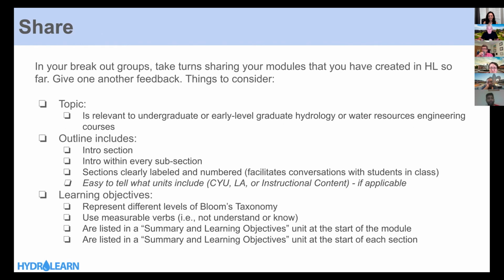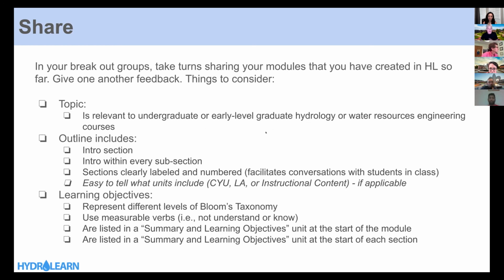Okay, yeah. So in a second, when Jenny's ready, we're going to drop you into your larger groups to have each group share out their modules, just where you're at this point. So once again, we're going to do the same feedback process like we did with the learning objectives. Some things you might consider when giving feedback: is the topic relevant to undergrad or early level graduate hydrology or water resources engineering?